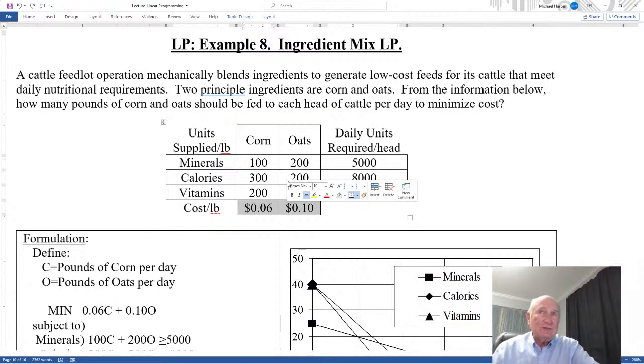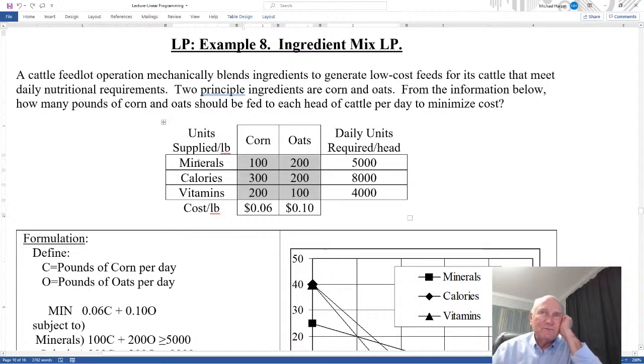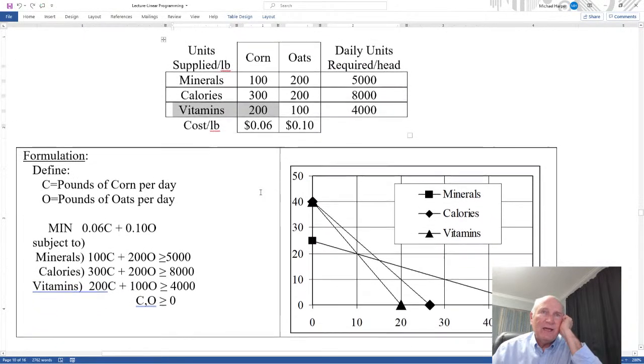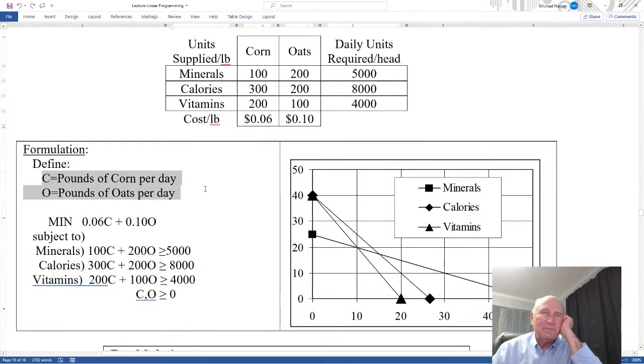Now that product has certain objectives over here, and those objectives then have requirements. And here are the standards. How many minerals of your objective for each unit of corn, like each pound of corn? Calories, vitamins, okay? And we formulate this by defining our decision variables. We minimize our cost, but this time, these are our minimum daily requirements.